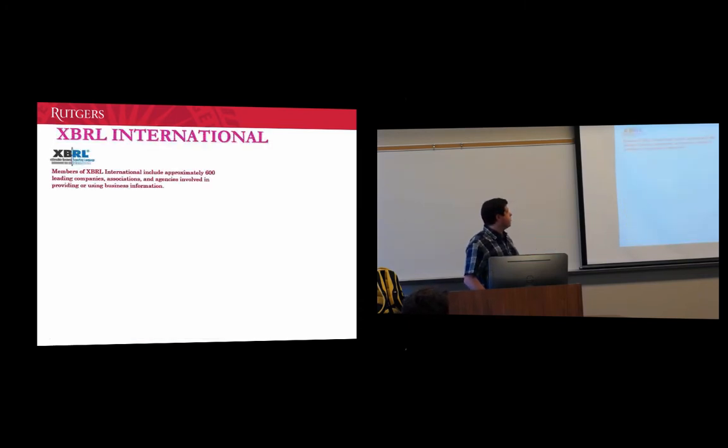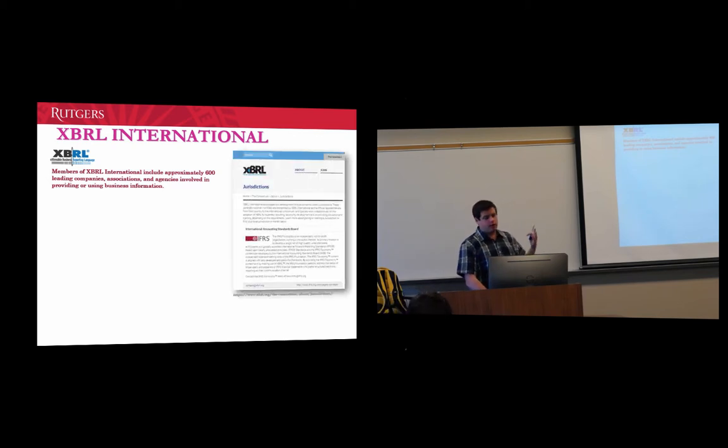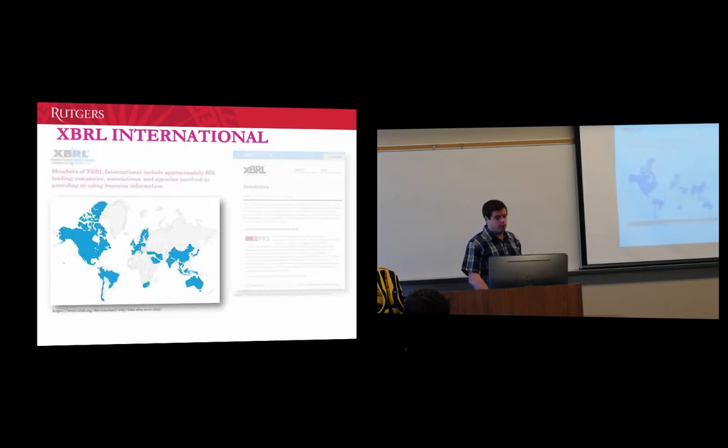So this is a bit about XBRL International. It's an organization, and it includes 600 leading companies, associations, agencies, and pretty much all these different organizations are pushing towards using XBRL. So now in the United States, XBRL is mandatory. Inline XBRL becomes mandatory this December for large accelerated filers first. So they do a phase-in.